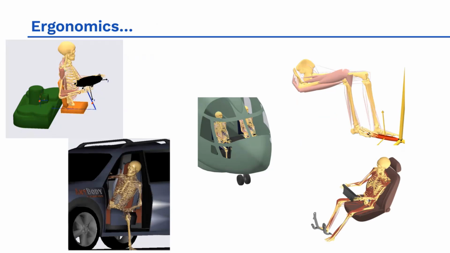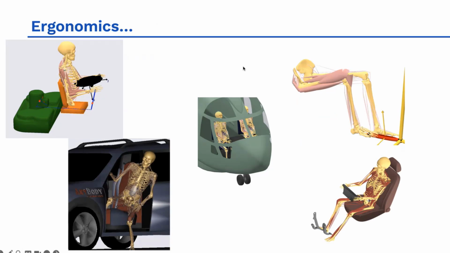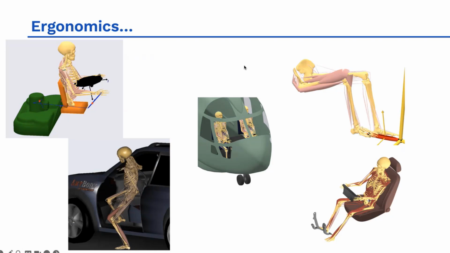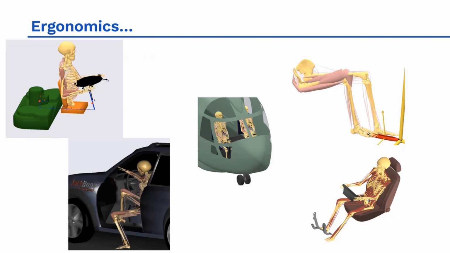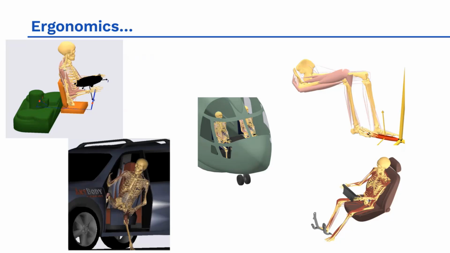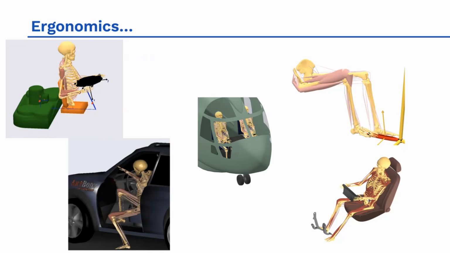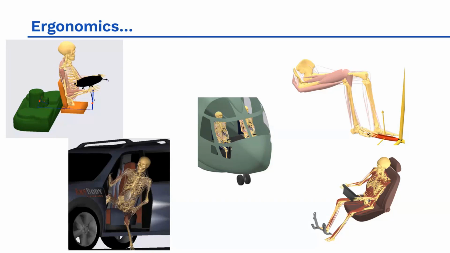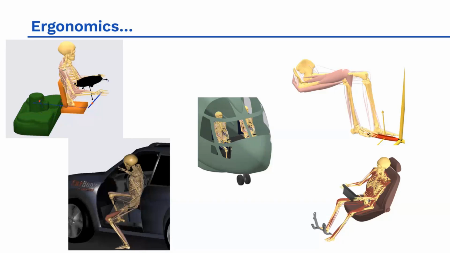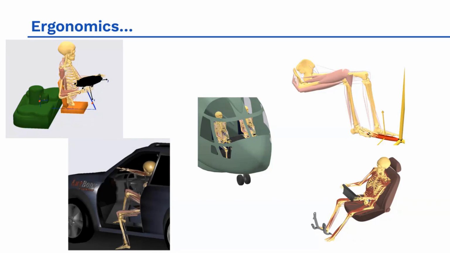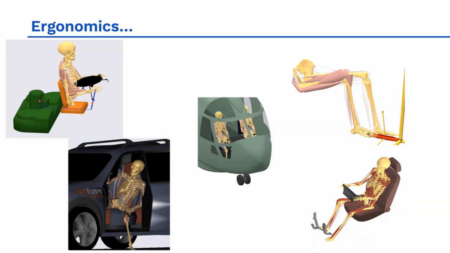So these musculoskeletal models can be used for any type of ergonomics, to address any ergonomics issues, anything from ingress, egress to driver's fatigue. We have written a paper a few years ago addressing driver fatigue.